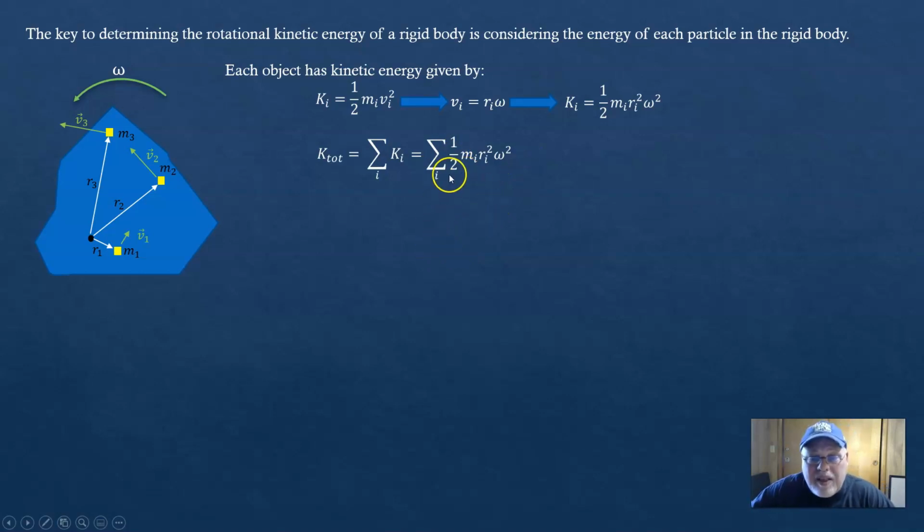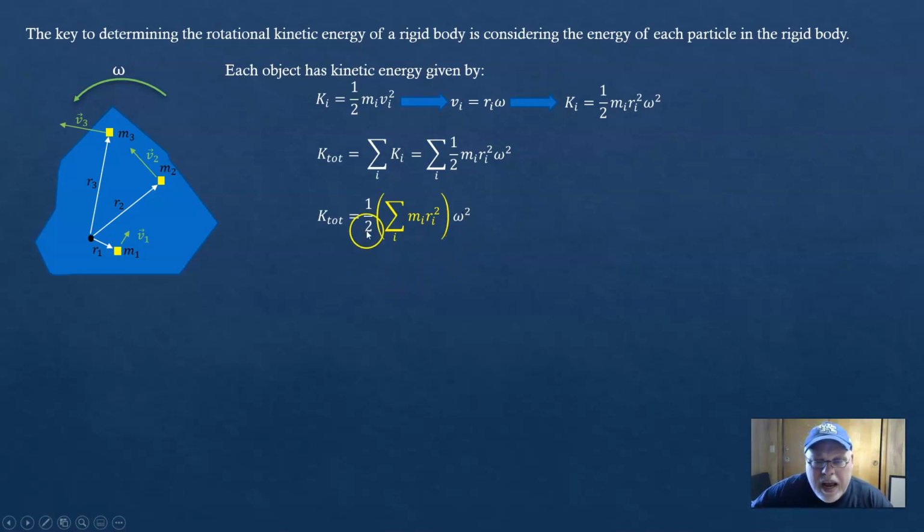I'm going to rewrite the sum with these pulled out, but keep things on their sides just so we can see something here. So my rotational energy can be written this way: 1/2, I pulled the 1/2 out over here, times this sum, times omega squared. I've got the parentheses here so that you realize omega squared is not inside the summation now. You'll see why I write it that way in just a minute.